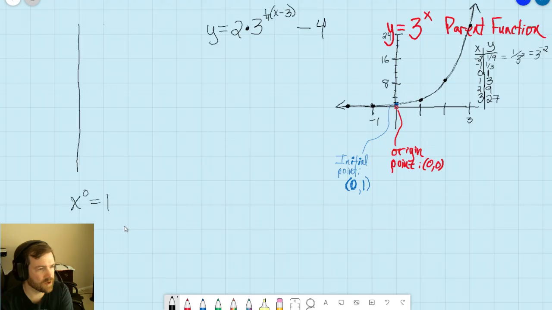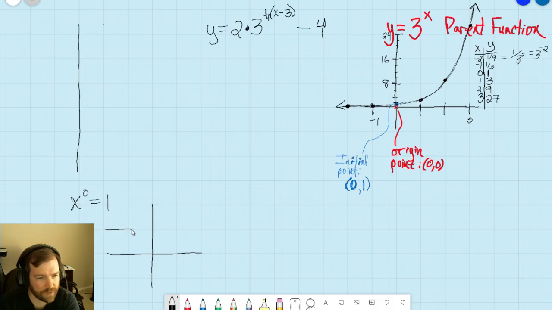The way that I graph x to the 0 equals 1 is that this is going to be a constant function with value 1 for all values of x with the exception of 0. So this is a limit.